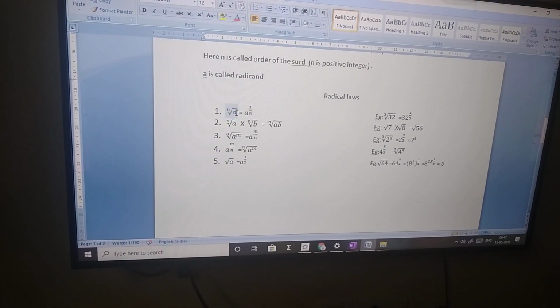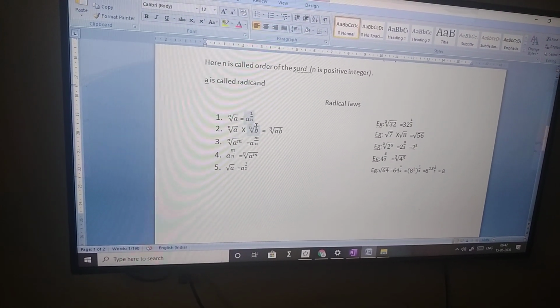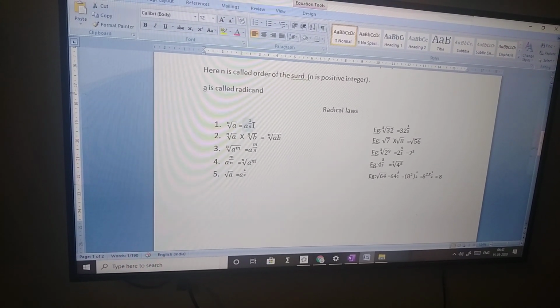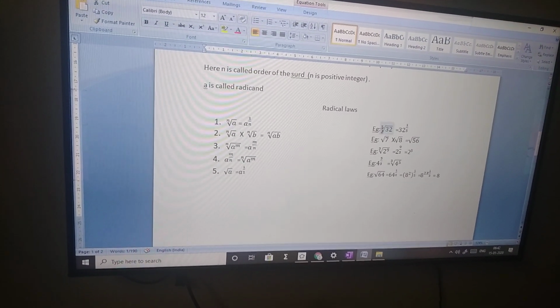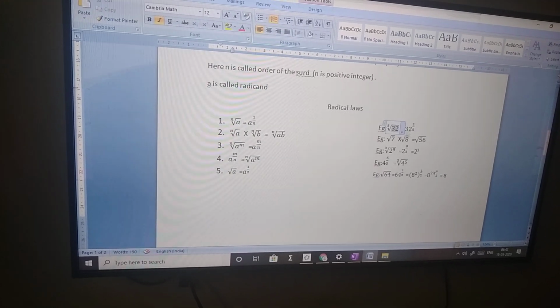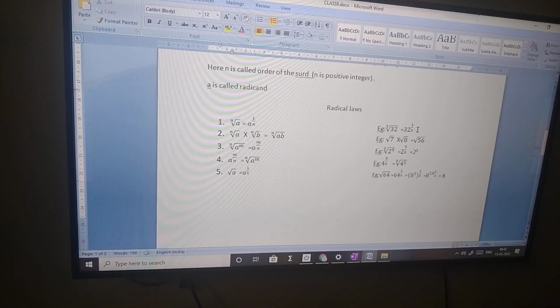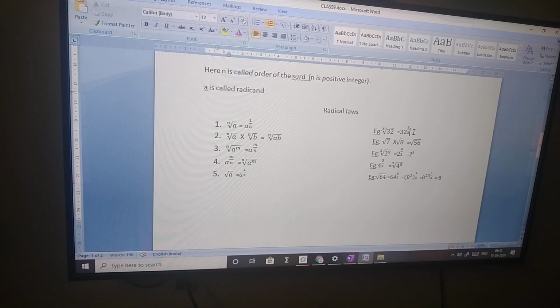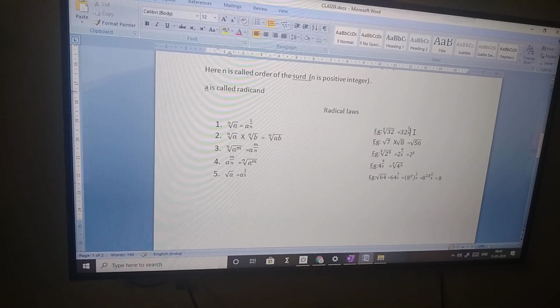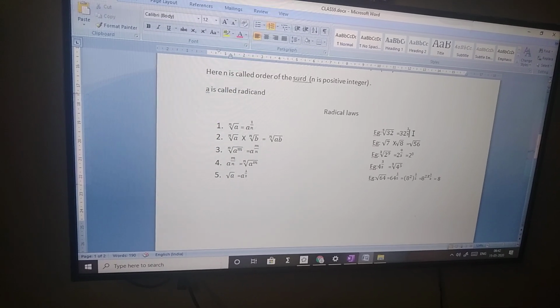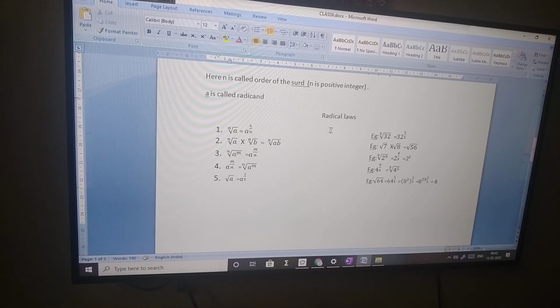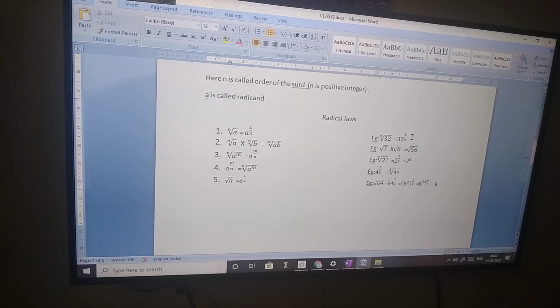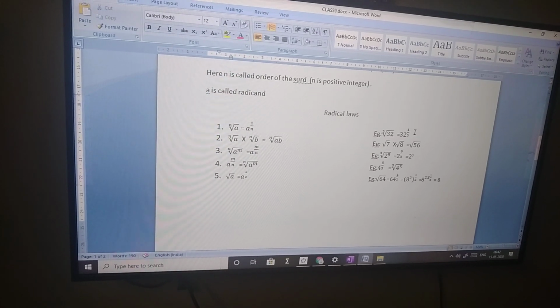Nth root of a equals a power 1 by n. Example, fifth root of 32 equals 32 whole power 1 by 5. So here a is 32, n is 5. So a power 1 by n is 32 whole power 1 by 5.